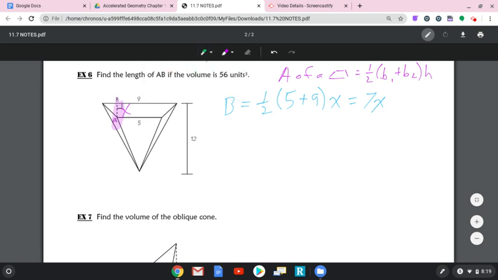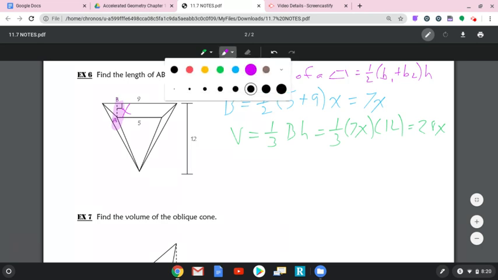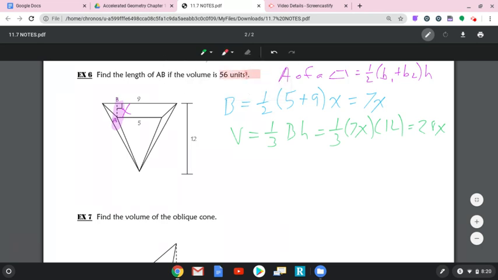So now if I want to find my volume, I'm doing 1/3 base area times height. So that's 1/3 times 7X times a height of 12. What is that going to be? Well, if I simplify that, I get 28X. But we already know the volume. They told me up here that my volume is 56.